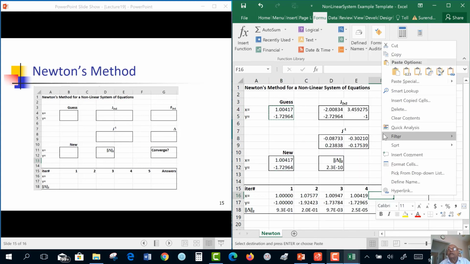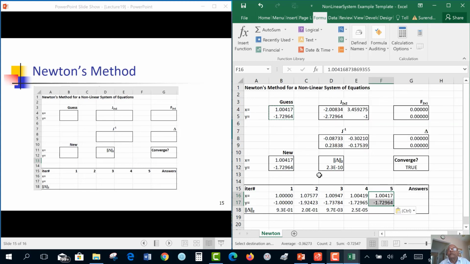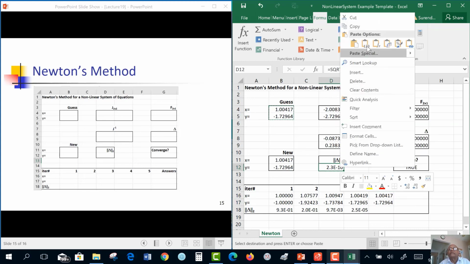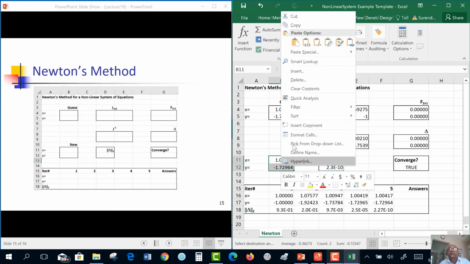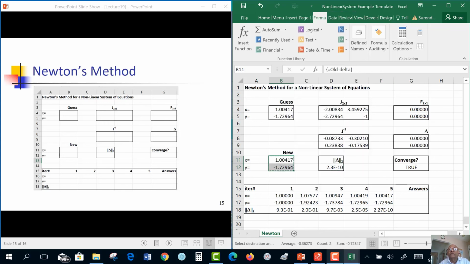So you can see we just converged, because our delta became less than 10 to the minus 7. So our final answers are these.